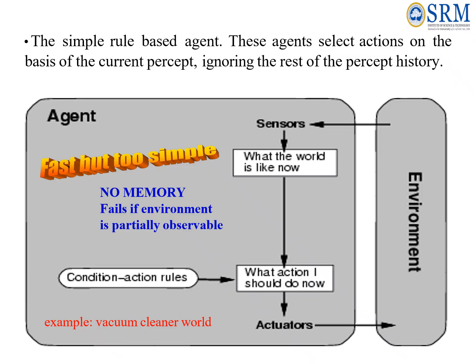Real time examples that suit a simple rule based agent: if a person is detected, then open the door. If temperature is greater than 30 degrees Celsius, then turn on the AC. So this is about the simple reflex agent.